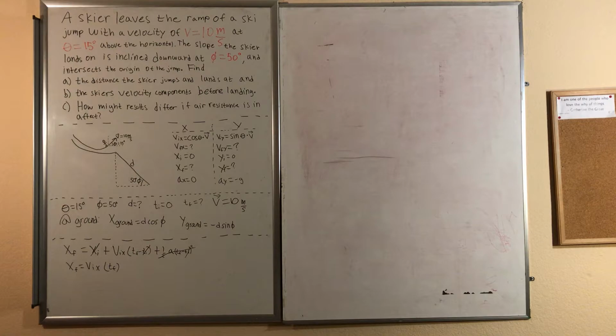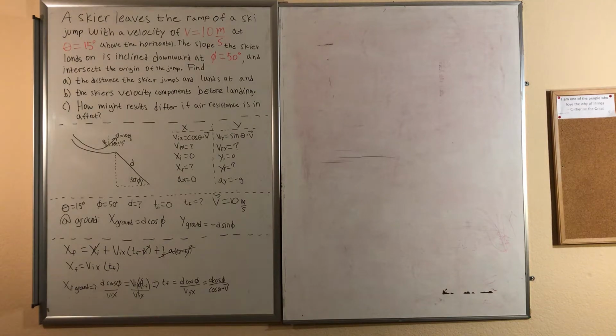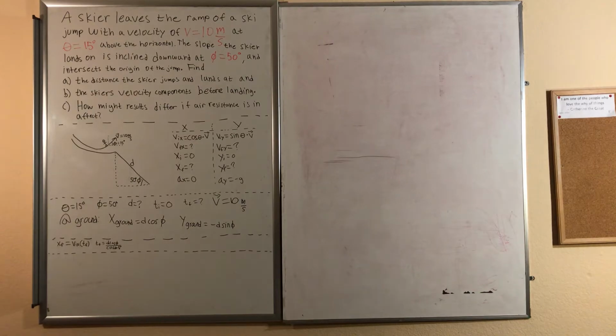Let's replace the x final with our distance of x ground, so x final ground equals d times cosine phi equals our velocity initial x times time final. Let's also solve for time final here as well. Since we have two unknowns, we need to get rid of one, which will be the distance we're solving for, d. I'll rewrite these two equations so we can solve for y final now.